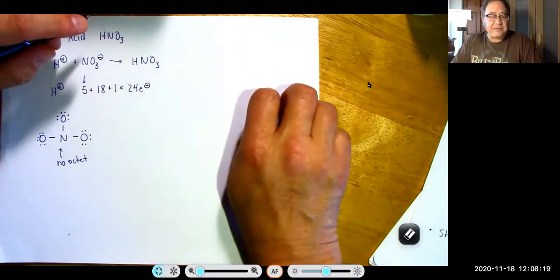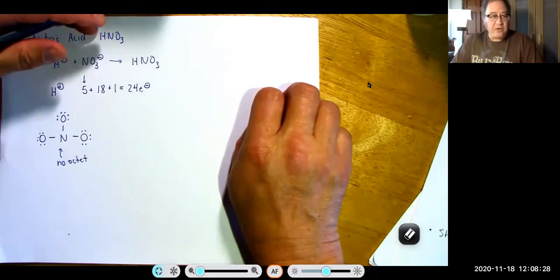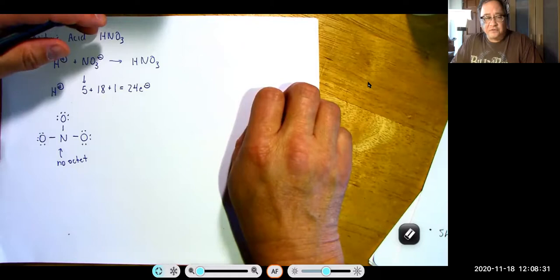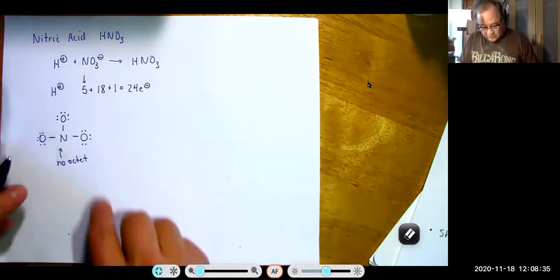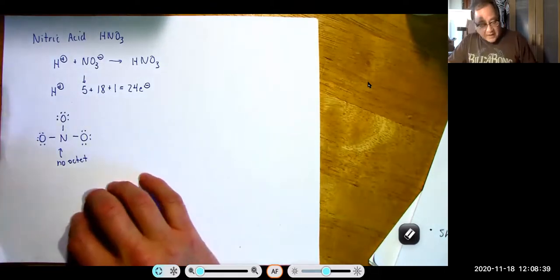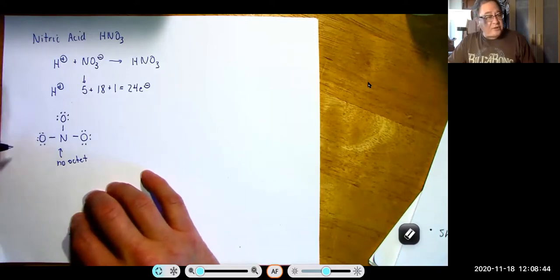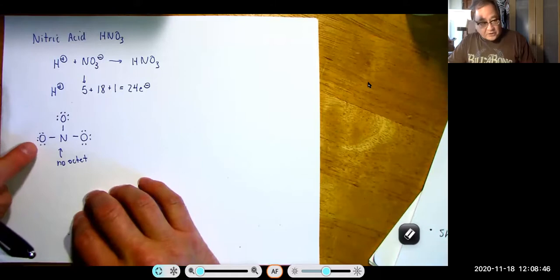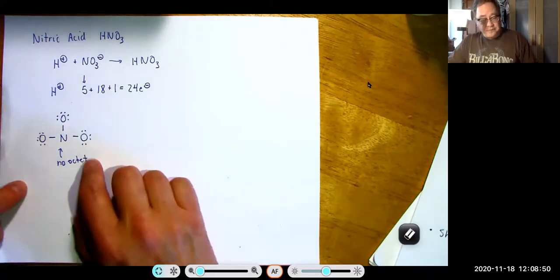The exceptions are boron and beryllium, which don't need octets, but you want octets on carbon, nitrogen, oxygen, fluorine, and neon. So what would we draw for the correct structure? We have to take a lone pair and make it into a bond. But we have 3 choices: the oxygen to the left, the oxygen to the right, or the oxygen up above. So which one do we do?